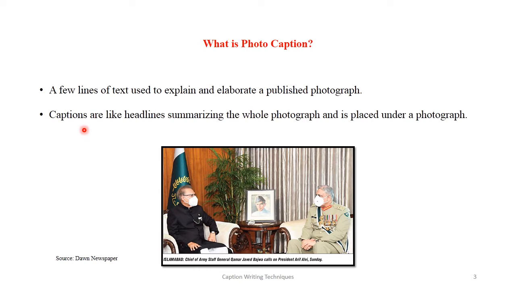It is the responsibility of the caption to summarize the whole picture, and its position is under a photograph. It means that you cannot find it over the picture or to the left or right of it. It will always be under a picture. So we came to know that a caption is a few lines of text, and its purpose is to explain and elaborate photographs.